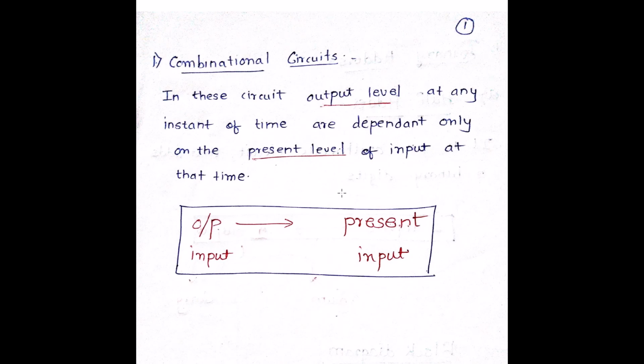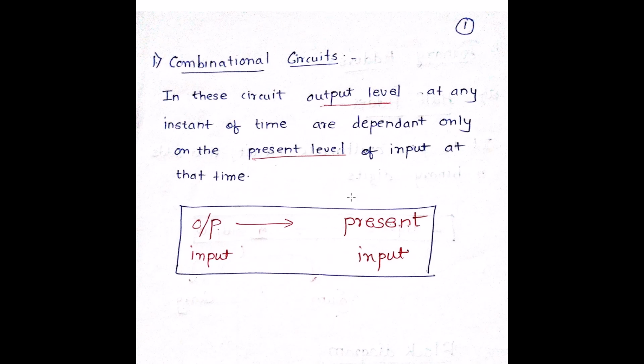When you talk about sequential circuits in the future, it will be something else. So here you have to remember that whatever I'm giving in my present input will be affecting my output. So the output at any instant of time only and only depends upon the present level of input. That is what a combinational circuit is. To define a combinational circuit, the output at any instant of time will only depend upon my present input. I hope I'm very clear with that.